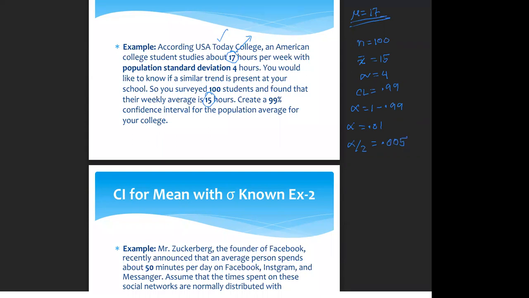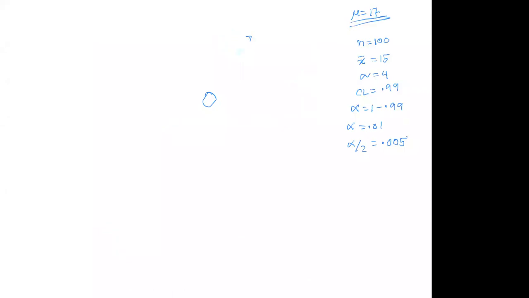Now we are going to go ahead and draw a typical diagram, which is the standard normal distribution. This is 0, this is 1, and my area on the right tail is 0.005, and area on the left tail is 0.005. Okay.